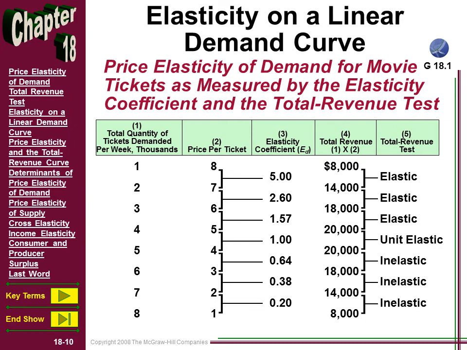So this is pretty easy for us to calculate these total revenue numbers, right? If the firm, in this case the movie theater, charges $8 per ticket, they'll sell 1,000 tickets, so total revenue would be 8,000. And if they charge $7, they'd sell 2,000 tickets, total revenue would be 14,000, right? So you can see where we're getting those numbers.